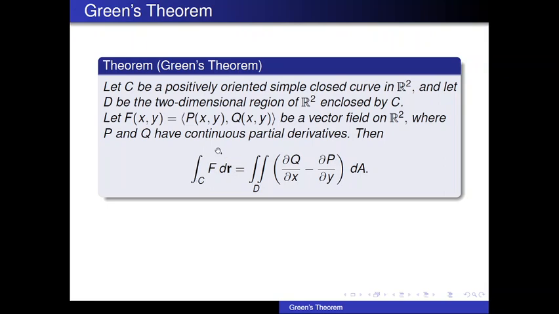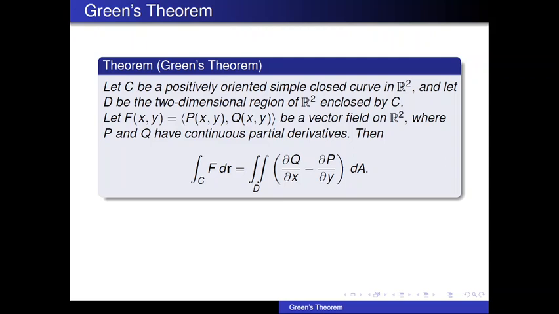So in particular, if we have a vector field that's not conservative, i.e. this difference is not 0, then we have some kind of clever, novel way to do a line integral along a positively oriented simple closed curve by instead trading it for a double integral, which at this point in your life may be slightly more familiar.